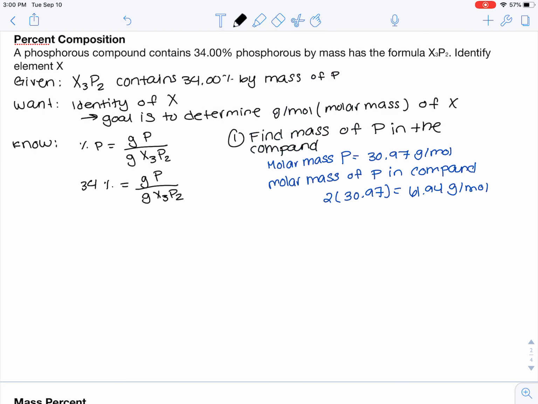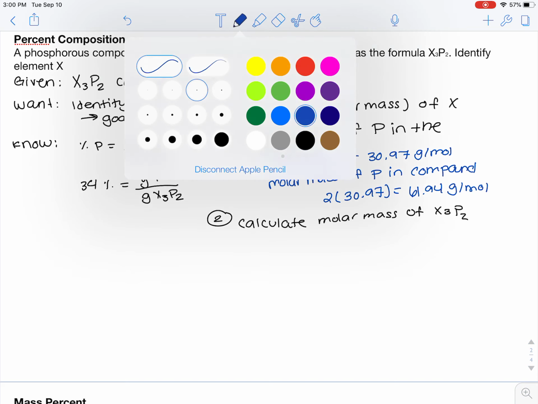So then what I can do is calculate the molar mass of the compound. I can do that by using the percent composition equation. Since I know that 34% is equal to my mass of phosphorus over my total mass, I can use that to find the total mass.